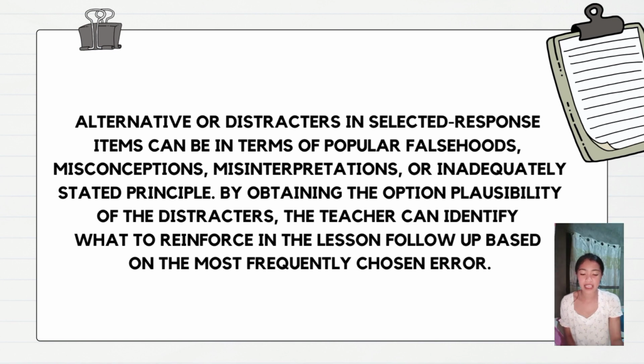So we can say that alternatives consist of one correct or best alternative, which is the answer, and the incorrect alternatives, known as distractors. Selected response items, as the name implies, are those in which students read the questions and are presented with a set of responses from which they select the best answer.